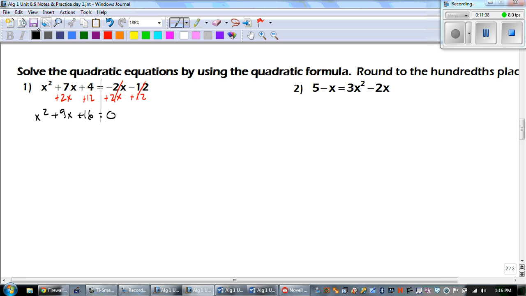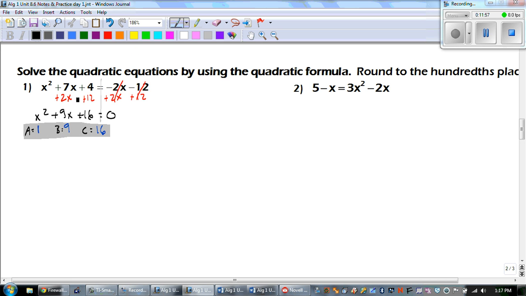Okay, so we're going straight into the quadratic formula. I know that a is 1, b is 9, and c is 16. You need to do this every single time.